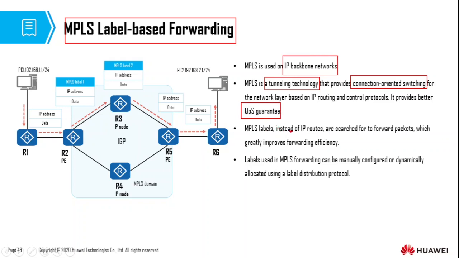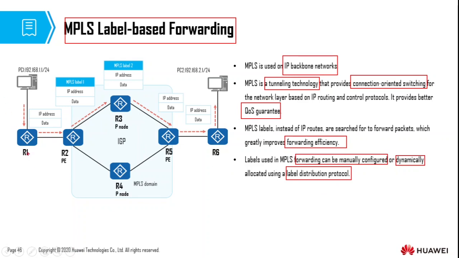MPLS labels, instead of IP routes, are searched to forward packets, which greatly improves the forwarding efficiency. Labels used in MPLS forwarding can be manually configured or dynamically allocated using a protocol called LDP, Label Distribution Protocol. If you want to understand all this and how it works, please watch my MPLS topic video.